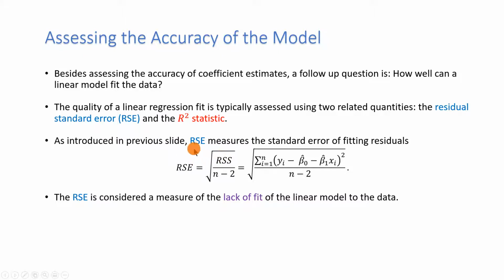So recall that this residual standard error is simply defined as the square root of your residual sum of squares divided by n minus 2, right? So we can understand the intuition of the residual standard error by looking at this equation here, right?